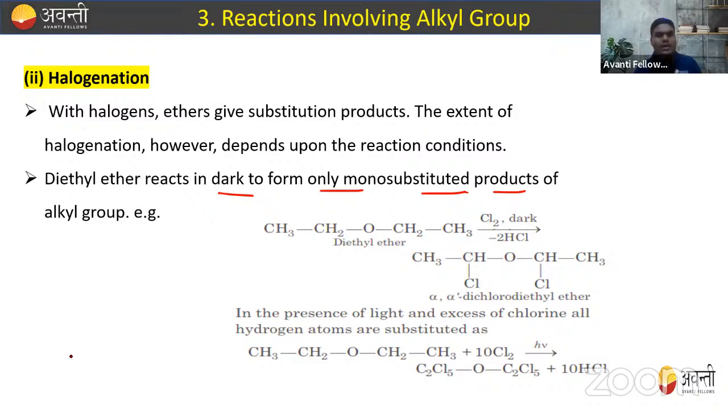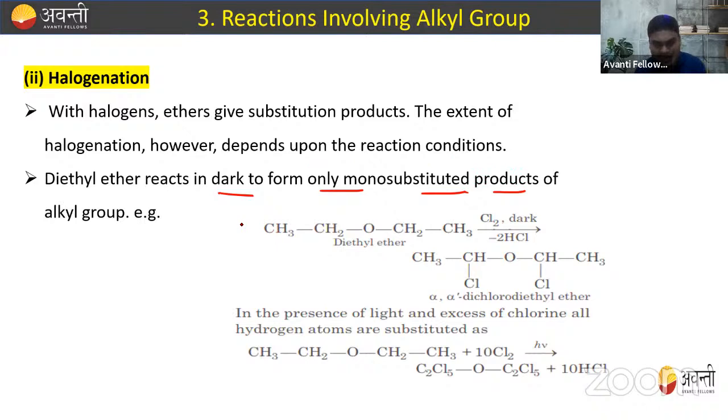Right. So that is, the extent of halogenation, however, depends upon the reaction condition only, right? It depends upon the reaction condition only, whether you consider this reaction in the light or in the dark condition, right? So basically, diethyl ether reacts in the dark to form only mono-substituted product of the alkyl group, right?